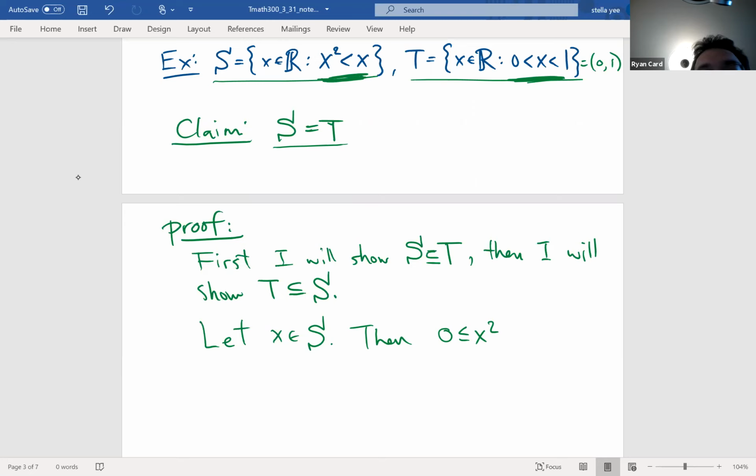Also, by the description of the set S, x is greater than x squared. Okay. This means that 0 is less than x.